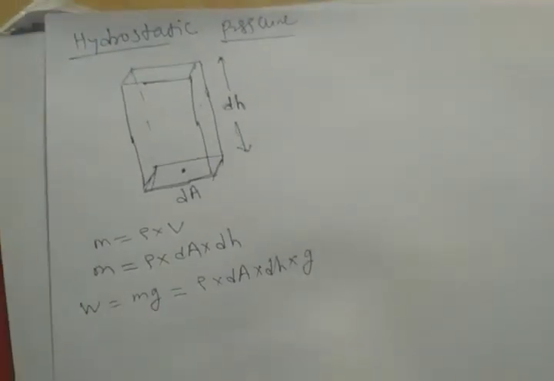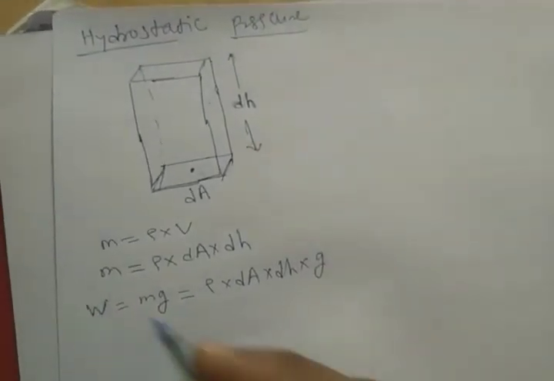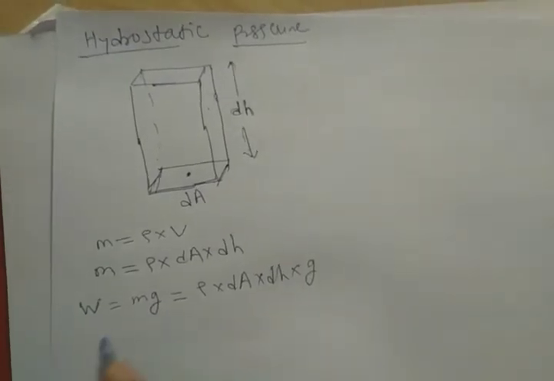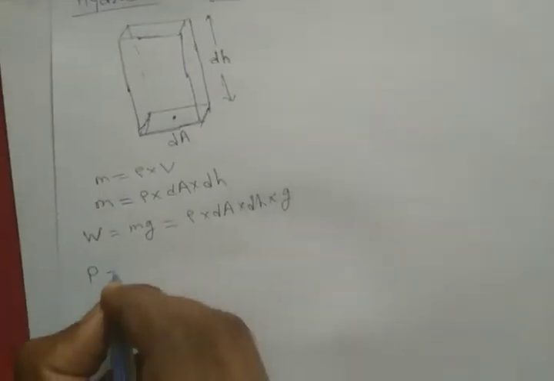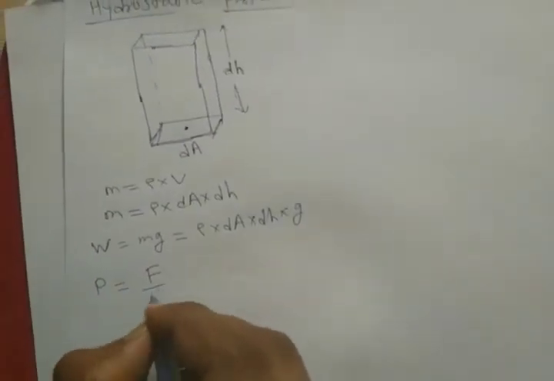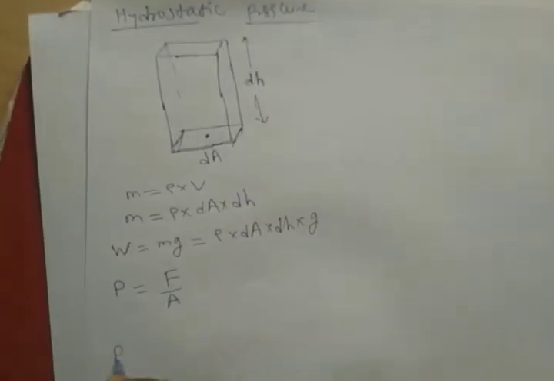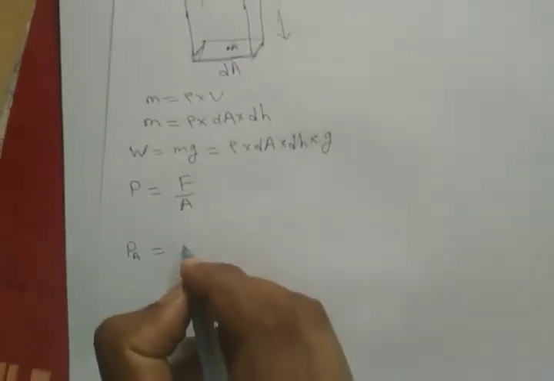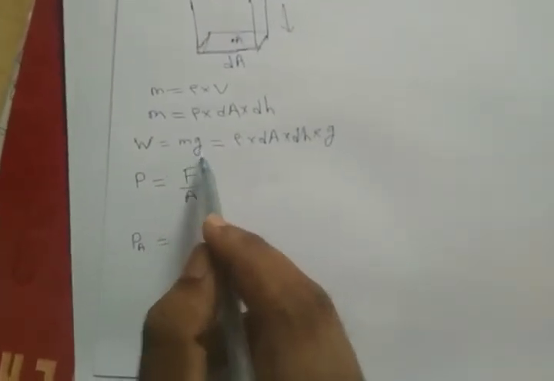So this is the weight. So weight is the force. Now we want pressure. Pressure we know is equal to force upon area. So let's say this is the point A. Pressure at point A will be equal to force at point A, that is mg, that is rho into dA into dh into g.